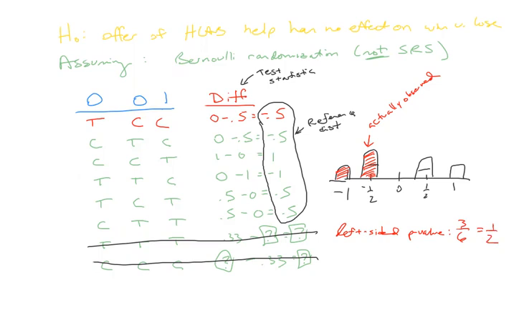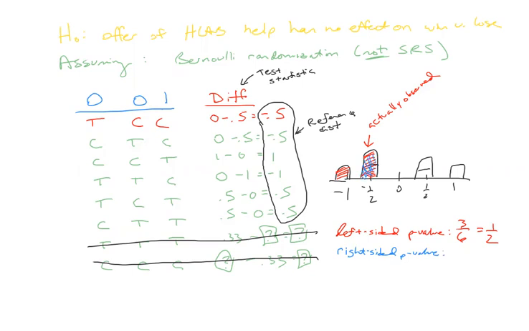Okay. The right-sided p-value goes the other way. Let me write it with a different color because then we'll be able to draw it on the same picture. The right-sided p-value, well, let's see, we actually observed -0.5, right?